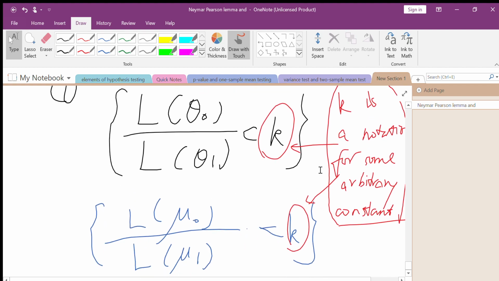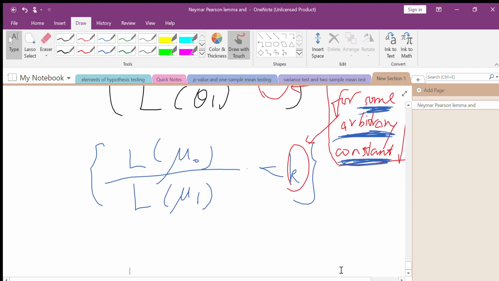So we don't really mind what k is, but we use k to denote some arbitrary constant. If k is some arbitrary constant, we just use this notation to record it. So it's just a constant. It's not a fixed value. It's some arbitrary constant. So you need to keep that in mind in our derivation later.